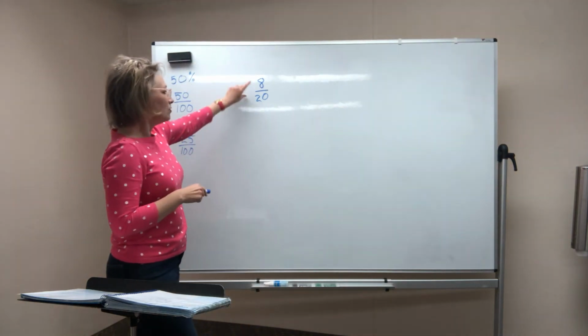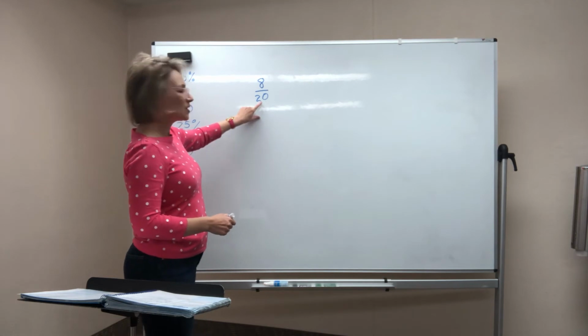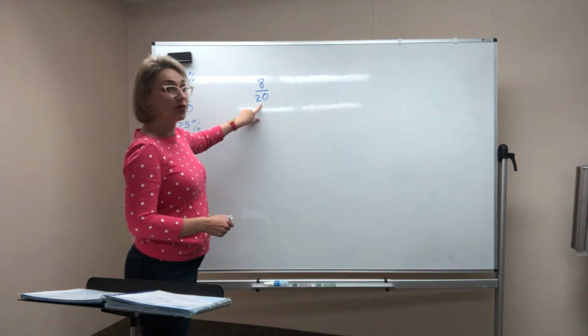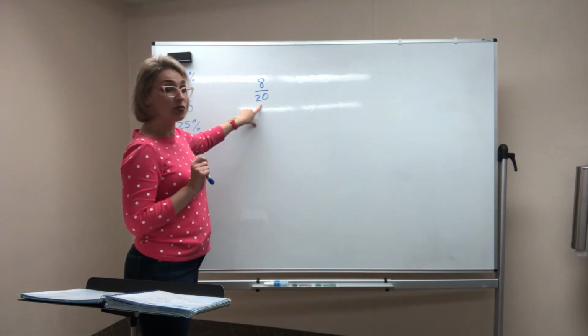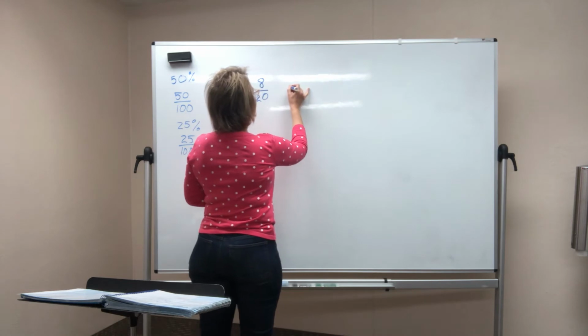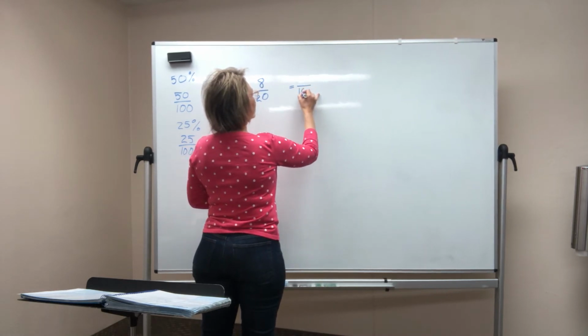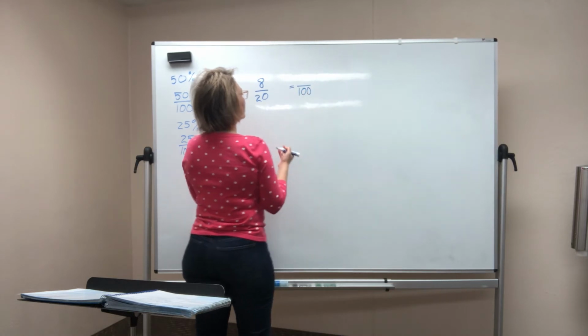Now, 8 over 20 doesn't tell us what percent it is, does it? Because a percent isn't 20 on the bottom. What has to be the denominator when we're talking about percentage? It's 100, right? So we need to write this as a fraction that has a 100 on the bottom.